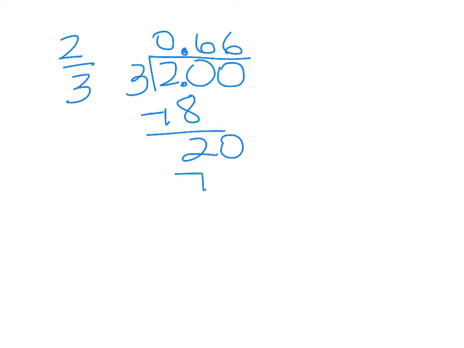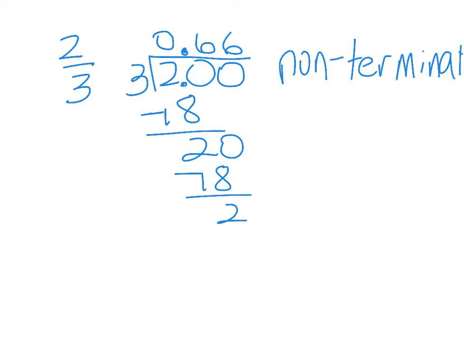I'm just going to keep doing the same thing over and over, getting the same remainder. So this is non-terminating. Since it's non-terminating, we now need to classify it as either repeating or non-repeating, and this, of course, is repeating.